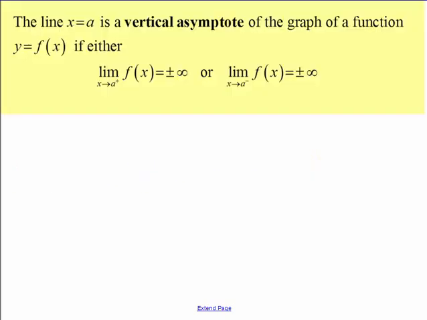Okay, vertical asymptotes. So what you want to look at here is you have a vertical asymptote to the left and to the right. So left and right, your limits are going to be either positive or negative infinity, depending on what happens with your graph.